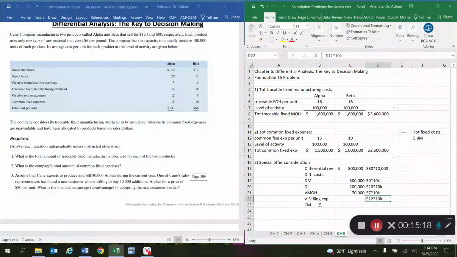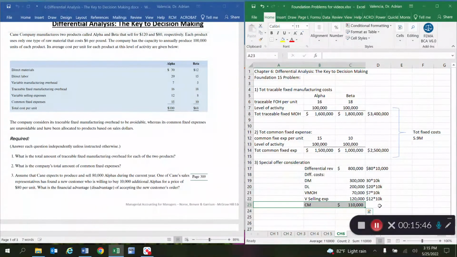Okay, and then this is 120,000. So I'm going to look and see if the contribution margin is positive. Minus this, minus that, minus that, and minus that. And what this is telling me is that if I take on this job, this special offer that I have, I would have a positive contribution margin of $110,000.